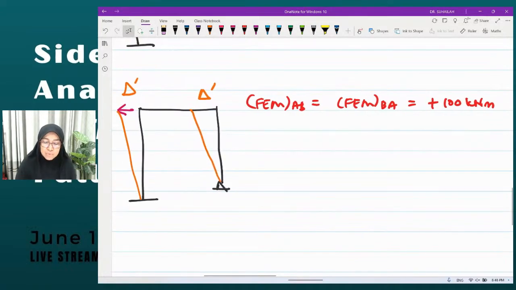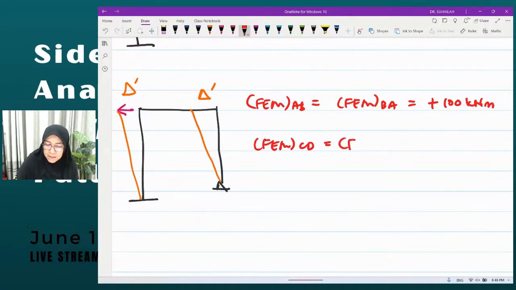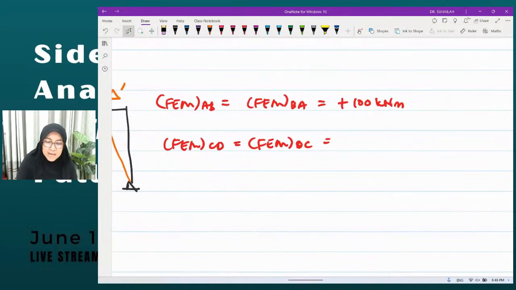Due to this, we will calculate FEM for CD, which is equal to FEM DC. So our task is to determine this value.